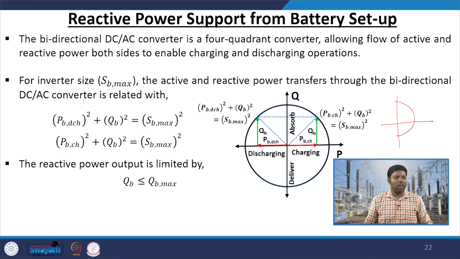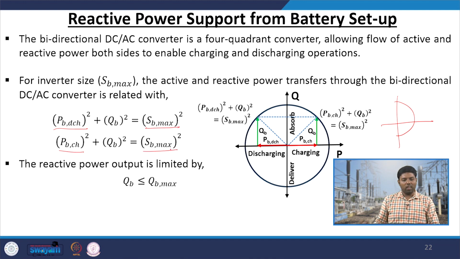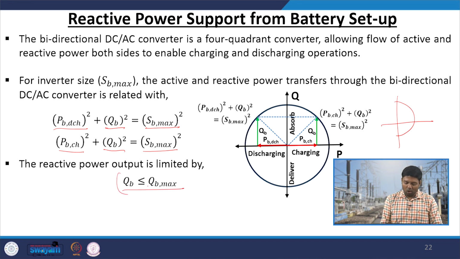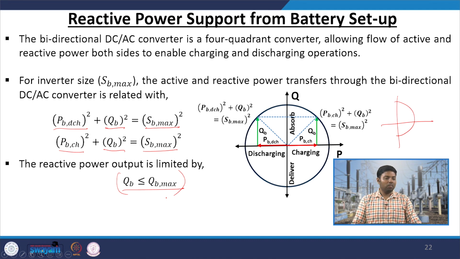Now you have a battery inverter operating in 4 quadrants, because your active power can be positive and negative, and your reactive power can also be positive and negative. So, depending upon how much power you are charging or discharging and the rating of your inverters, you can manage the reactive power output from your battery inverters, and that reactive power output is always maintained below a maximum limit.